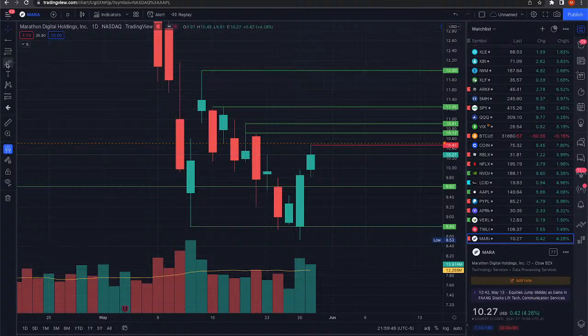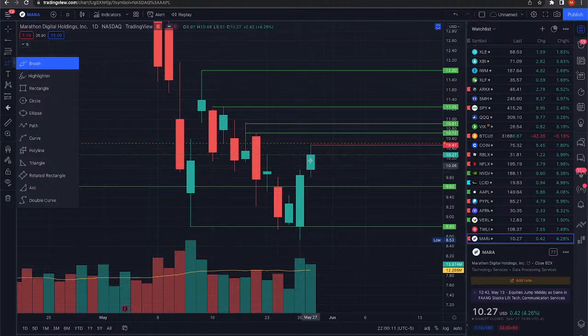Because I just like to think the market's gonna give me whatever it's gonna give me. I can't make it go up, right? So this would be a nice move here on MARA up to 12 bucks. Held the low 880, but this still needs a trend change on the daily.